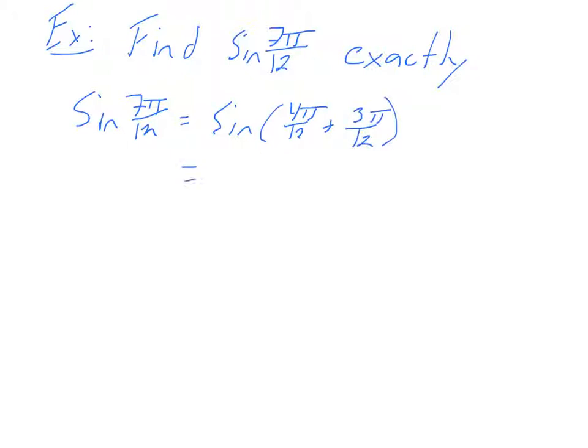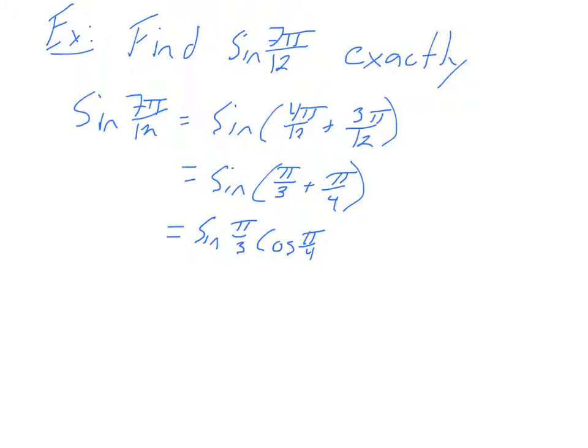So if I break it up that way, we end up just getting sine of pi over 3 plus pi over 4, which gives me sine pi over 3 times cosine of pi over 4 plus sine of pi over 4 cosine pi over 3.